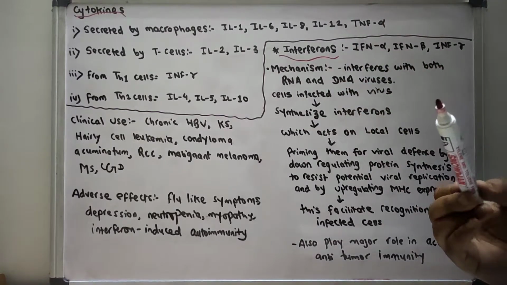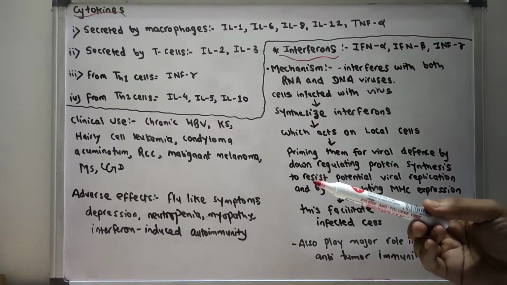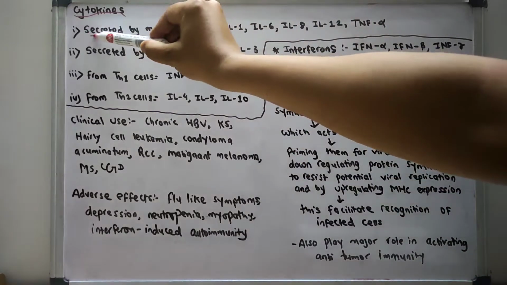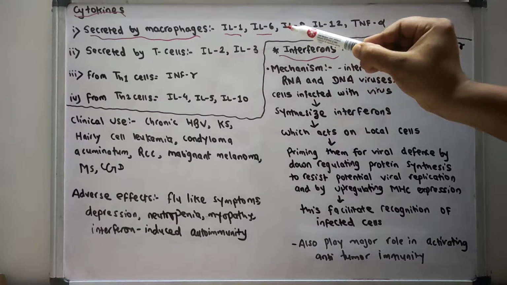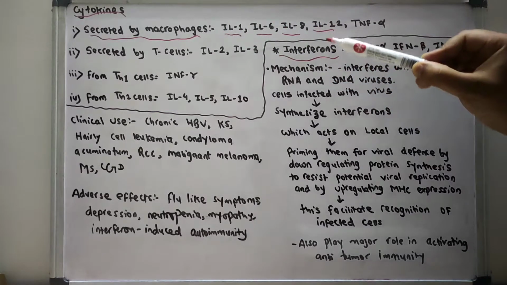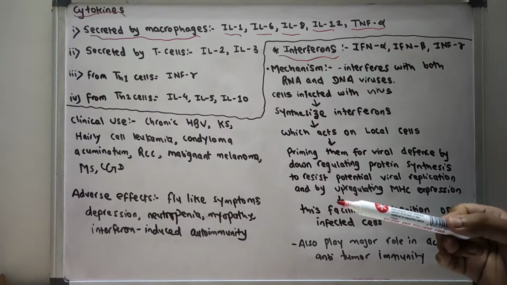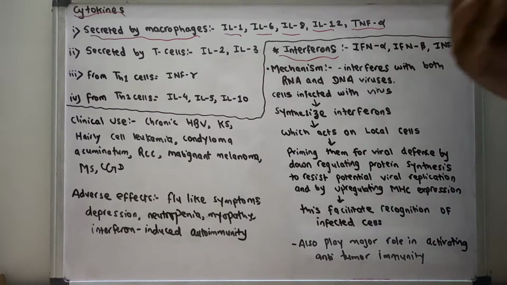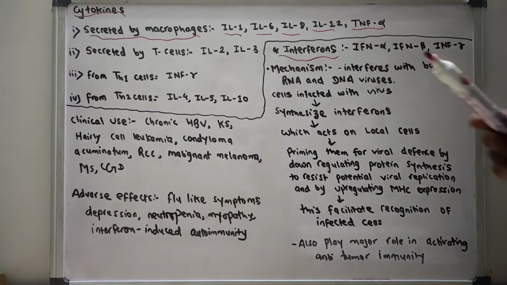I'll discuss that in a minute. The various cytokines that are secreted by the macrophages are interleukin 1, interleukin 6, interleukin 8, interleukin 12, and tumor necrosis factor alpha.